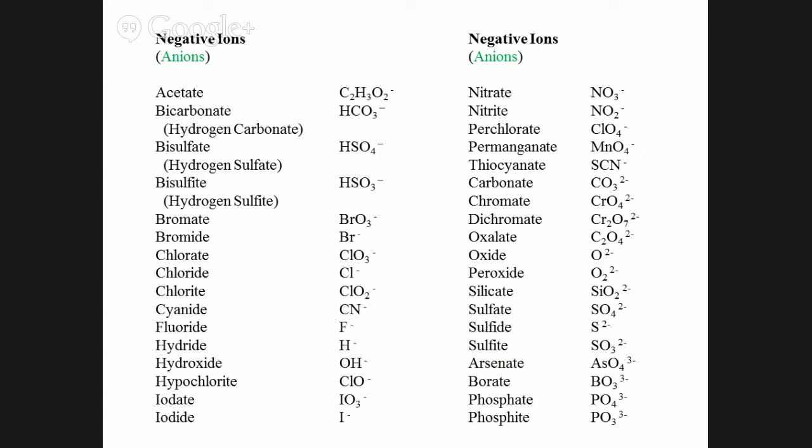Okay, here is a list of all the negative ions that was on your sheet. Most of them are polyatomic. There are some patterns to it. For example, the ones that just have single elements, Br here, Cl, F, H, notice that they all end in IDE. And then we have some that end in ATE and some that end in ITE.